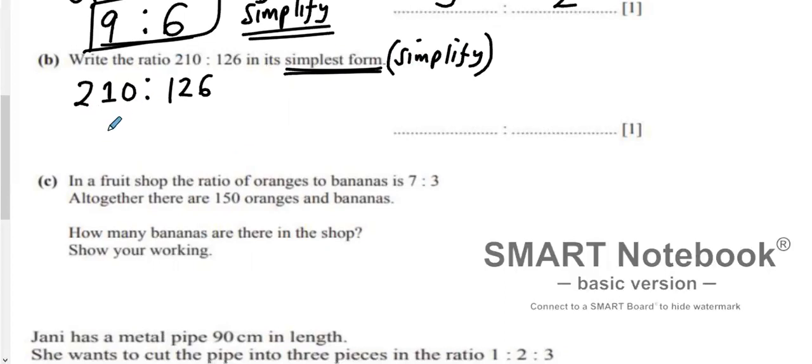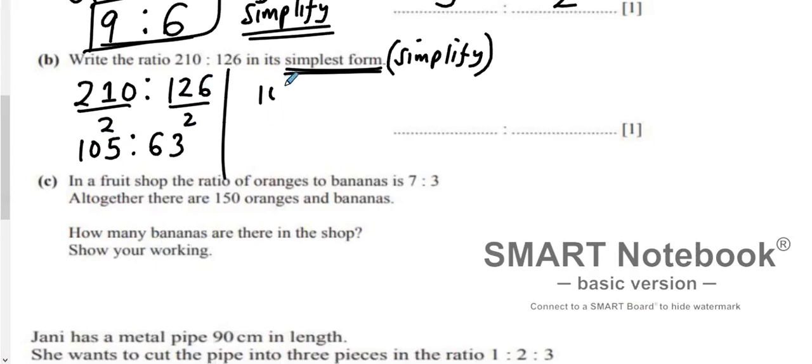Like I said earlier, you have to think of which number divides both of these numbers. This number is 2. So divide by 2: 210 divided by 2 gives 105, and 126 divided by 2 gives 63. Then you continue the process.